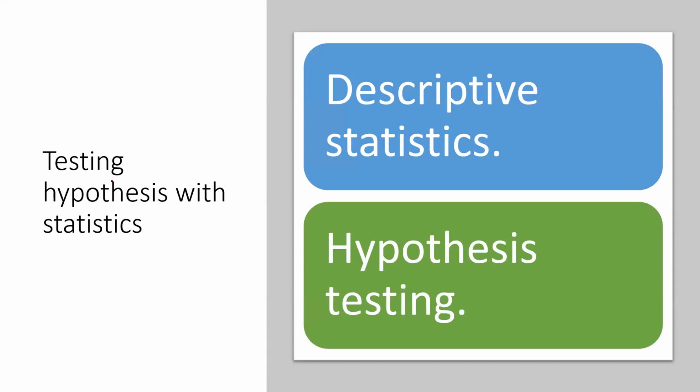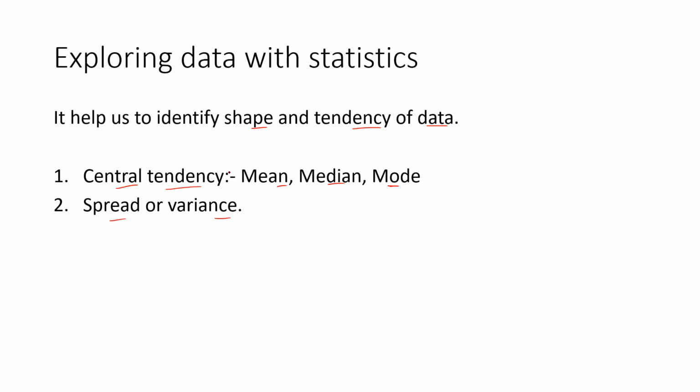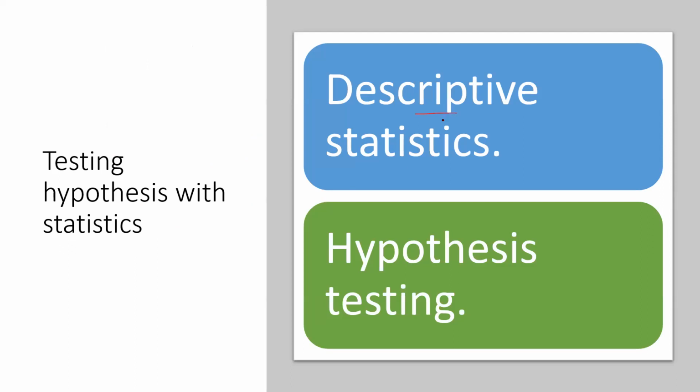We also do hypothesis testing with statistics. So what does hypothesis testing mean? This way of exploring data, calculating mean, median, mode, is what we call descriptive statistics. And the other is hypothesis testing.